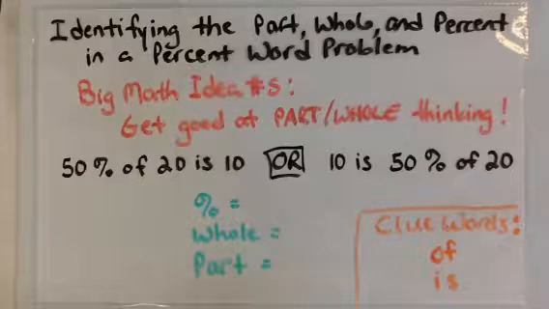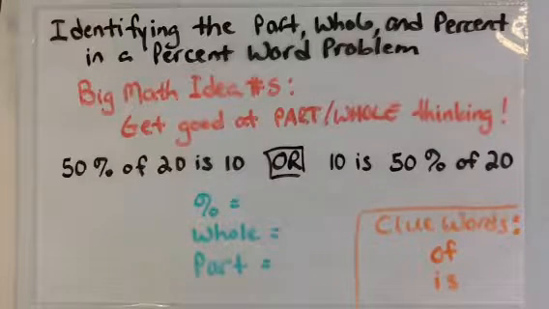And that big math idea is to get good at part-whole thinking. Part-whole thinking is really important for a number of different areas of math, fraction math, and now again percent math. And it's important for some other areas of math as well.